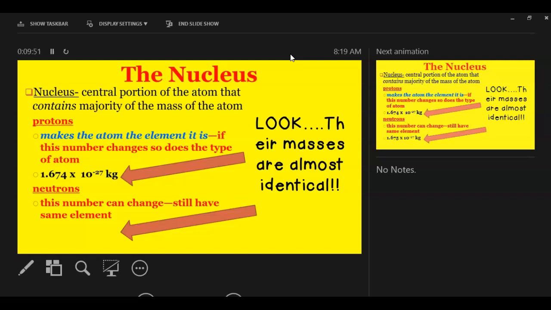Let me see. I'm trying to decide if there's anything else I want to say before we move on. Electrically neutral, always equal, majority of the mass of the atom. So you have it written down. Anytime I say subatomic particles, I am talking about protons, neutrons, and electrons.